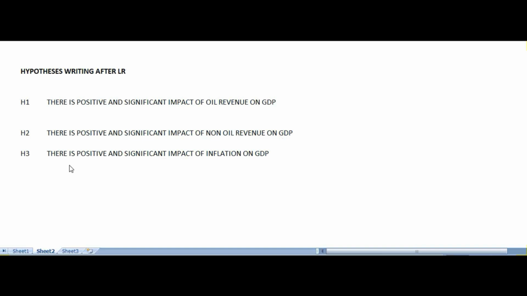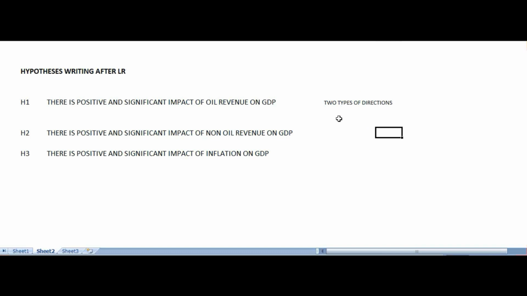Our third assumption is there is a positive and significant impact of inflation on GDP. All these are assumptions. It is not necessary that our result will be as per these assumptions. We wrote them on the basis of the literature review.